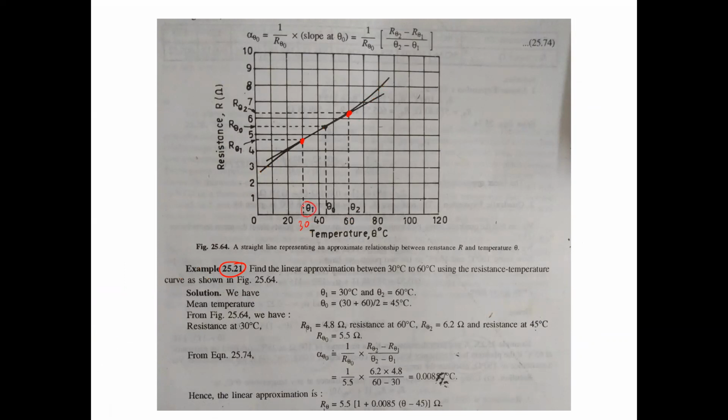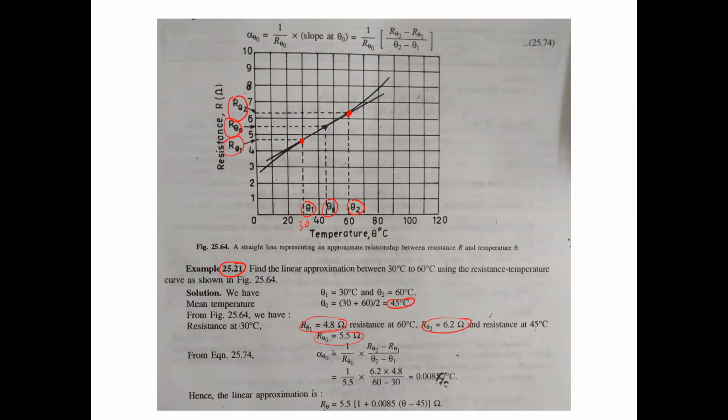So theta 1 here is 30 degrees Celsius and theta 2 is 60 degrees Celsius. The mean between the two, theta 0, we can easily determine to be 45 degrees Celsius. From this graph, for these corresponding temperatures, we can read the values of the corresponding resistances on the y-axis, the 3 values at the 3 different temperatures.